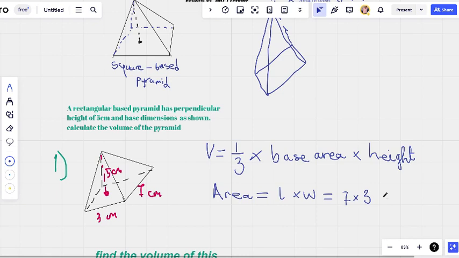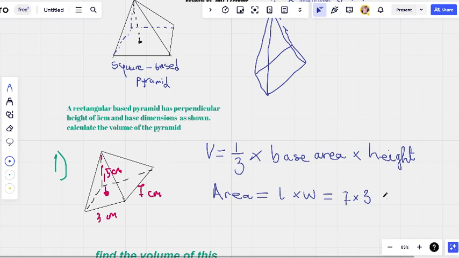So you can say half of 16 is 8. 8 times 4 will be 32, right? So we get 32 centimeters squared. That's the area of one of these faces. 32 centimeters squared is the area of this face alone. So let me write it.